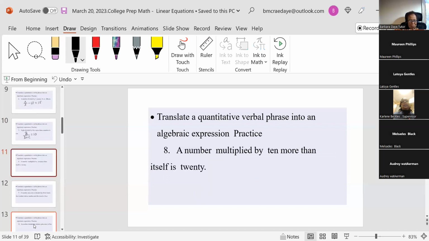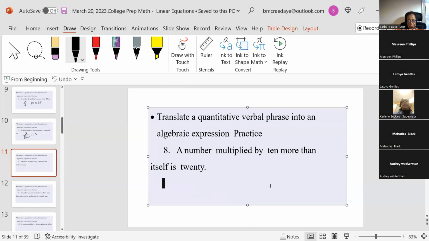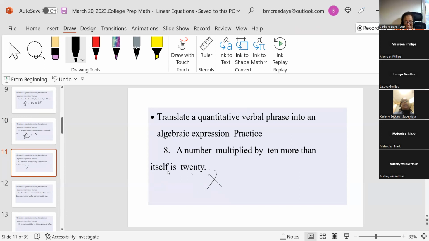Okay, let's try another. A number multiplied by 10 more than itself is 20. Latoya, what should I write? X. Okay, Latoya likes X, because she understands it better. So you said X, times, I put a dot here.